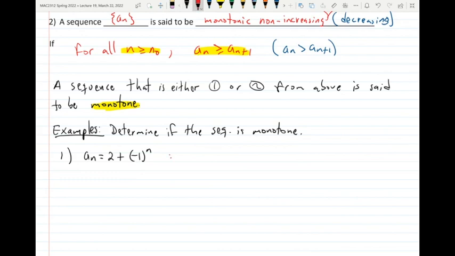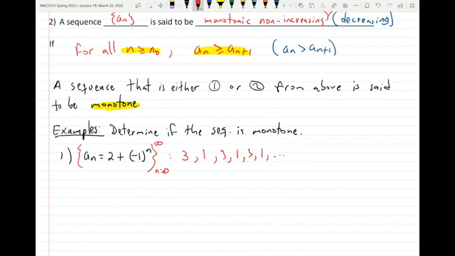It doesn't matter if we start at 0 or 1, but I'm going to start at 0. So when you start at 0, the first term is 3. Then what's the next one? It's going to be a 1, then a 3, then a 1, 3, and 1. It keeps going this way. When n is even, you get 3. When n is odd, you get 1.